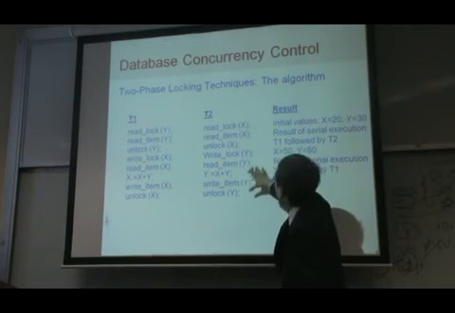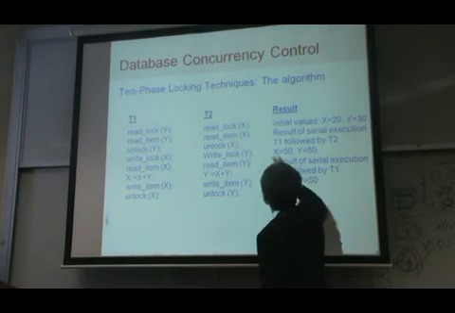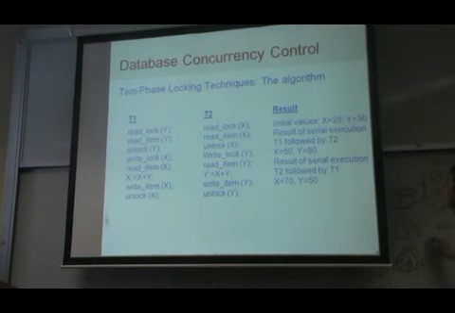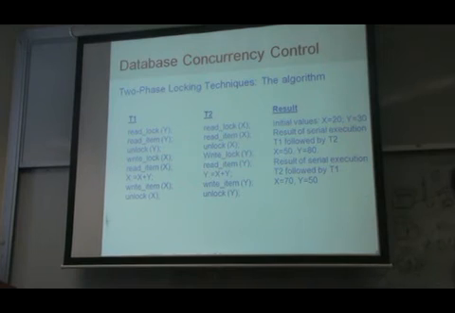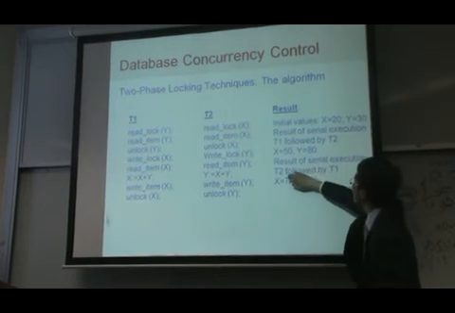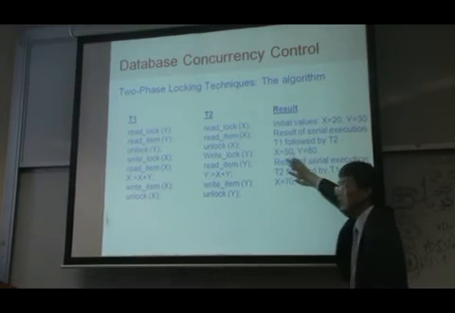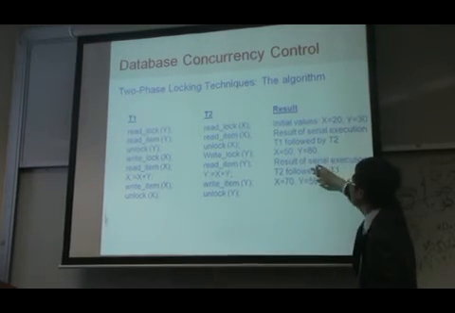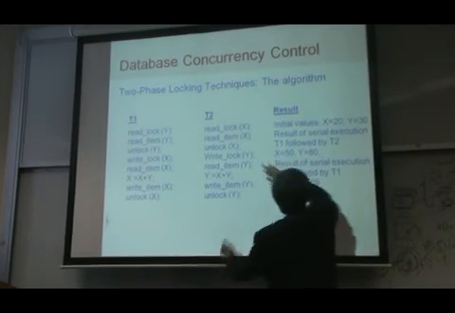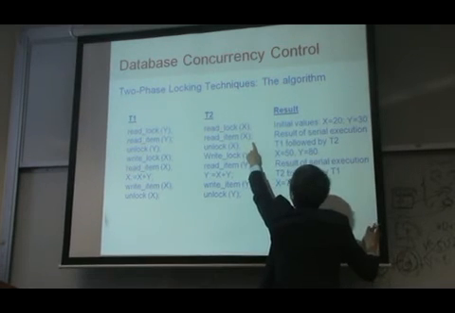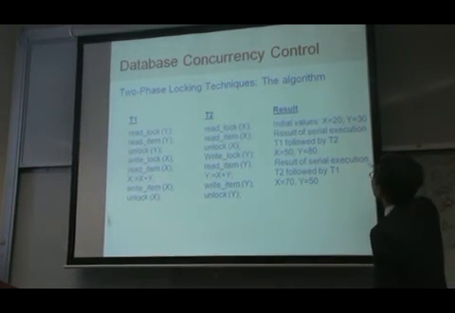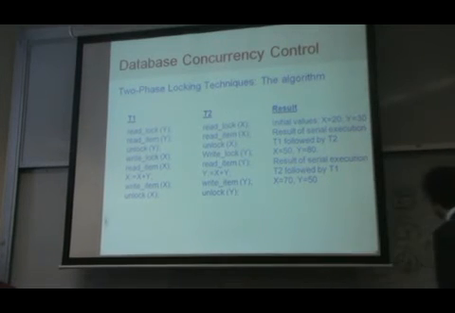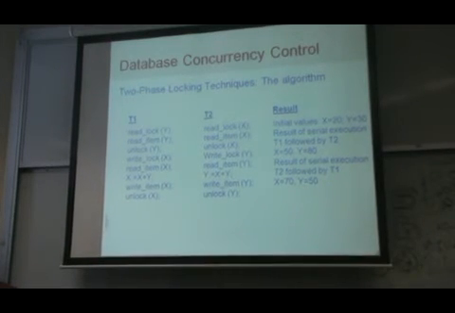And then Y will be the read data item X, that is 50, plus Y, which is 30, so Y will be 80. Then if T2 is followed by T1, T2 is first, T1 is next. For T2 first, X is 20, then add 30, it will be 50.